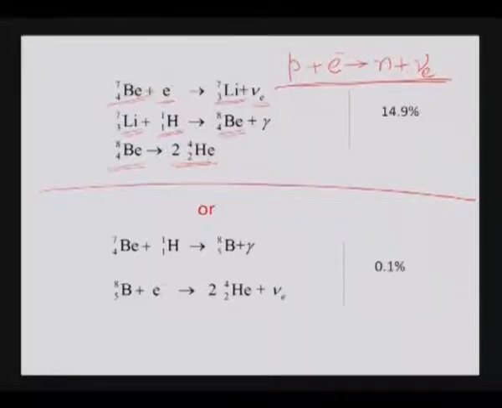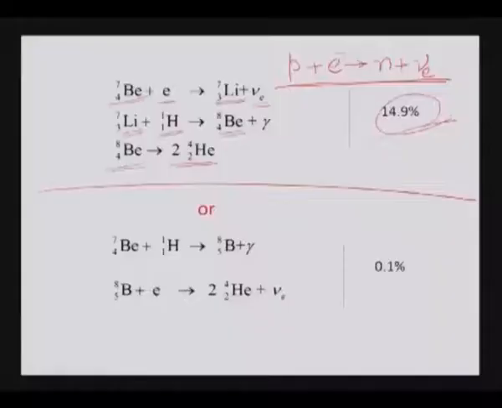So, this is one possibility, and the probability of that is say 14.9% within that 15%. So, 14.9% probability is that helium 3 will combine with helium 4, making beryllium 7 and then combining with electron, then combining with proton and so on. So, that whole process 14.9%.